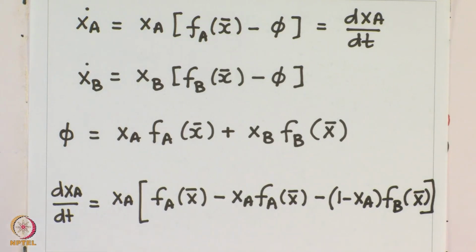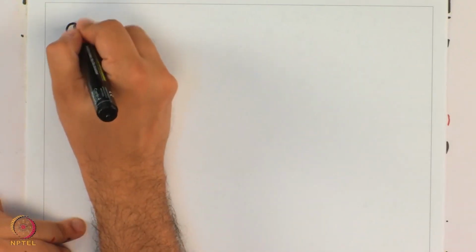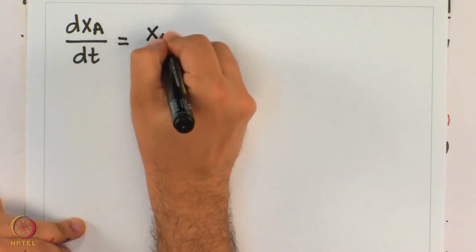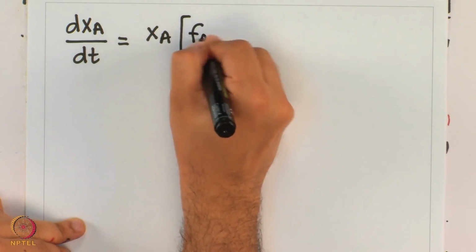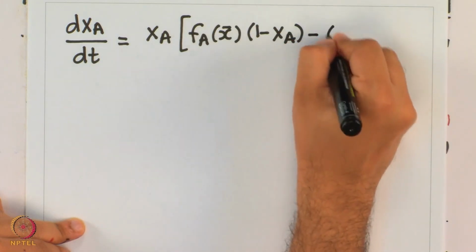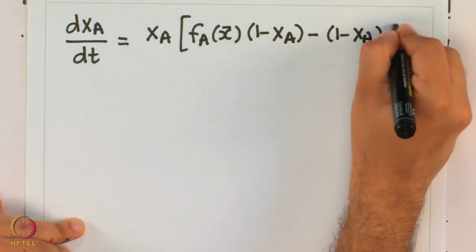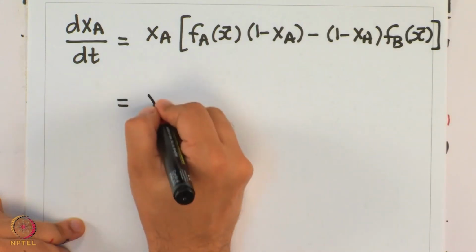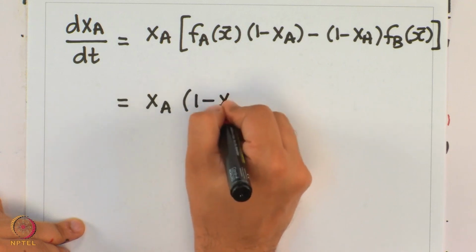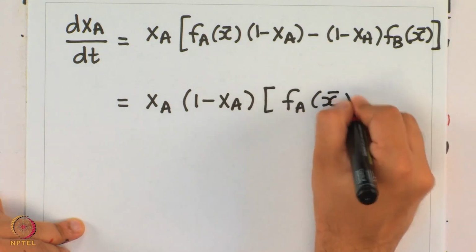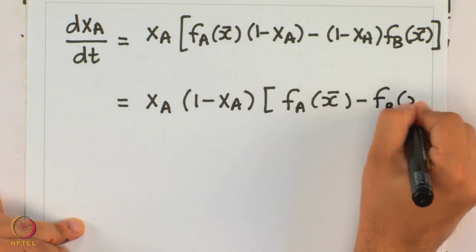That is the expression that we get, and we can simplify this further and write dx A by dt equals x A into f A of x into 1 minus x A minus 1 minus x A times f B of x, which can be simplified as x A times 1 minus x A times f A of x minus f B of x.